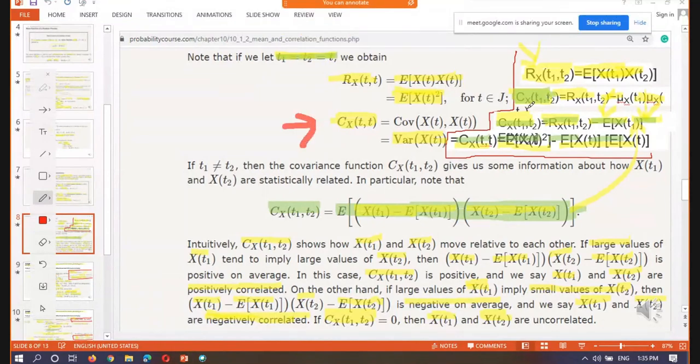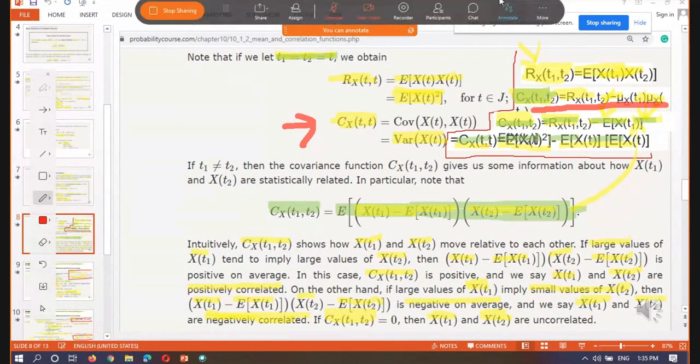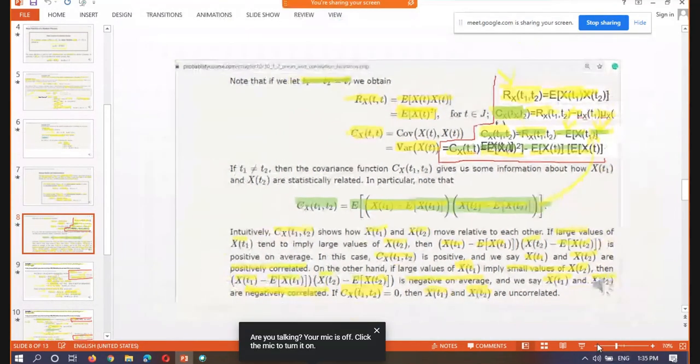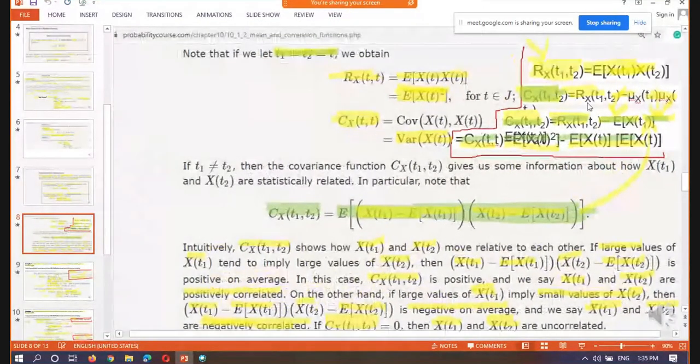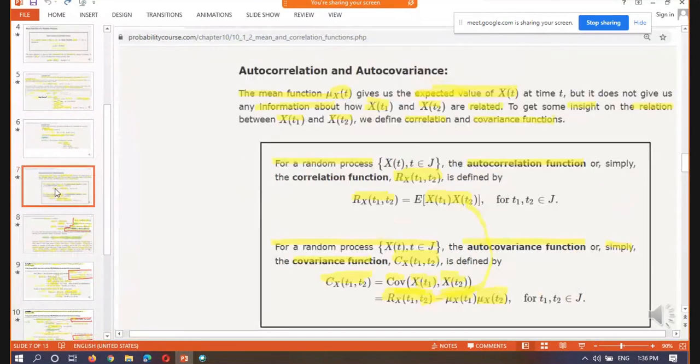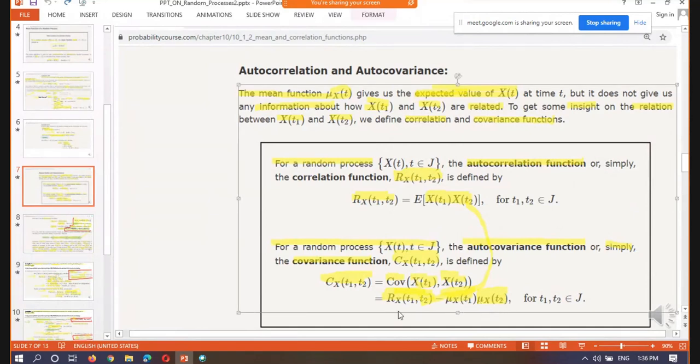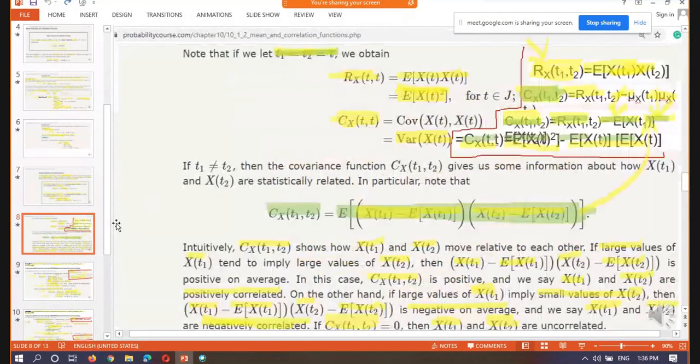If in some question I provide you the autocovariance C_X(t1, t2) equals R_X(t1, t2) minus mu_X(t1) mu_X(t2), and in this you replace t1 and t2 by t, you will get the expectation of X(t) square minus mu_X(t) square.